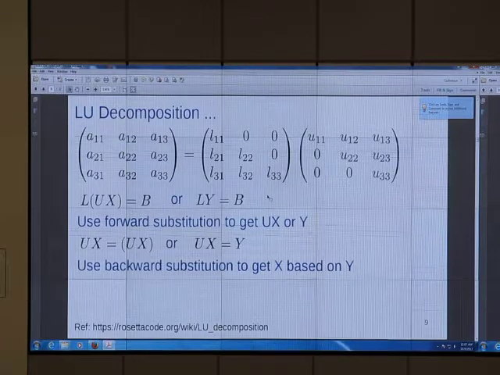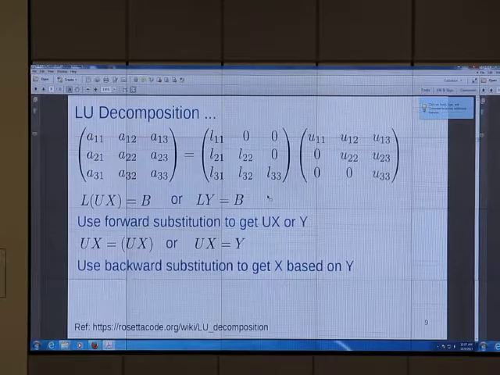After we know Y, it will be a column vector. Then we have Ux equals Y. U is an upper right triangle, right? So we can use backward substitution to get the value of X. You get it? Okay, this is the review.